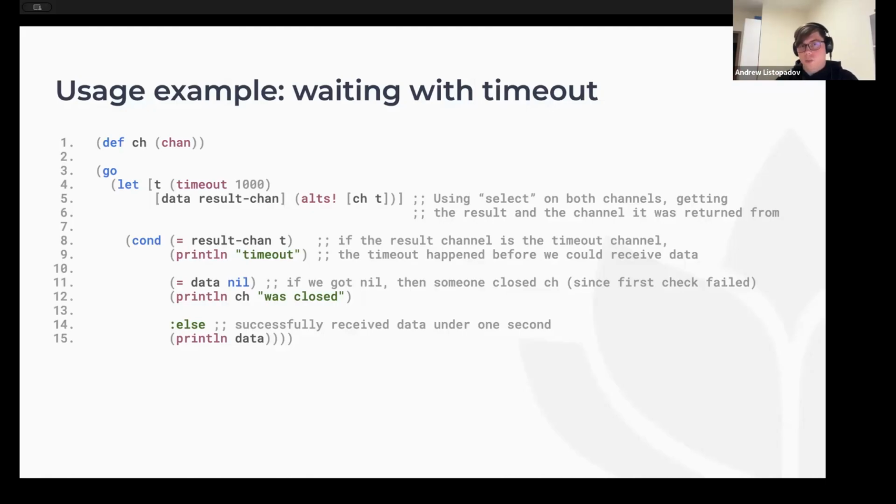And what's interesting about alts and timers and this whole system is that if we try to implement alts in a naive way, we may want to do something like a loop in which we go channel by channel and ask if this channel is ready or not. For example, if we have 10 channels, we go, hey, are you ready? No. The next one, are you ready? No. The next one, are you ready? Yes.